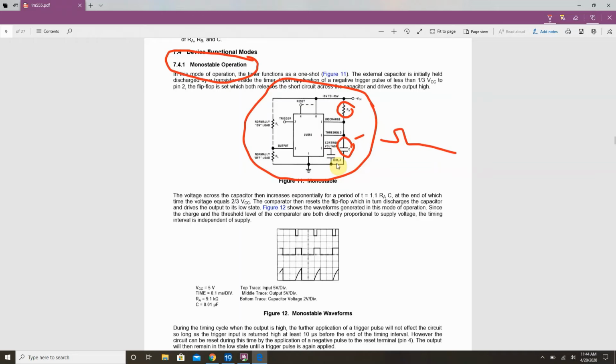It's a 0.01 microfarad. It shows our output. It shows our trigger. Now, there's nothing hooked up to the trigger at this point. We'll get to that later. But this is where we will trigger this pulse. Our output shows two different loads. Now, it shows resistors with these dotted lines, but those dotted lines are basically telling us, well, you put whatever you want here.